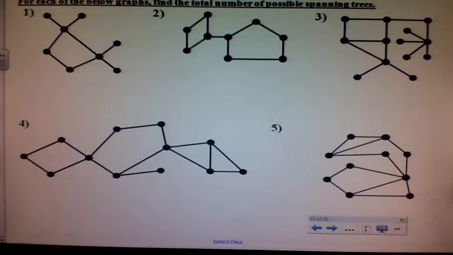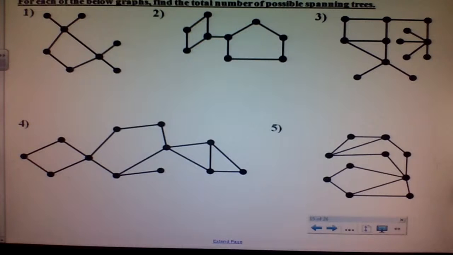Okay, so let's practice. Take a look at number 1. The first thing I want you to do when they're asking you for the amount of spanning trees is identify how many circuits you have.